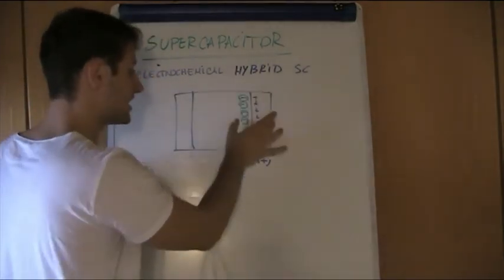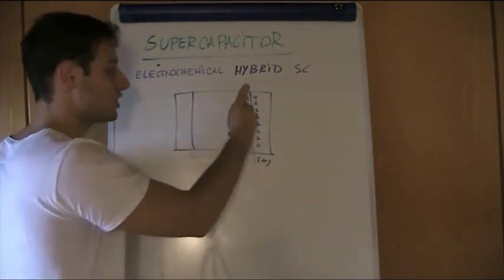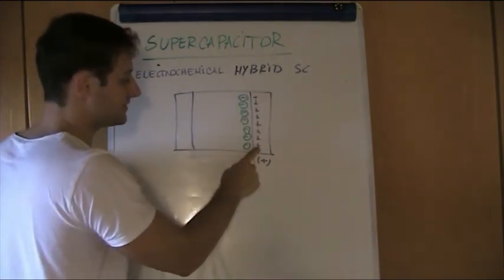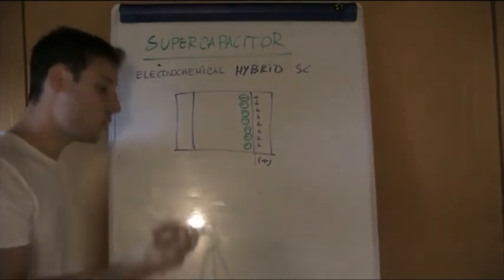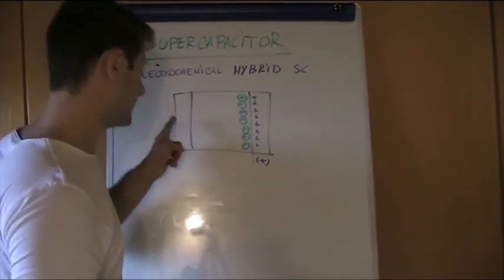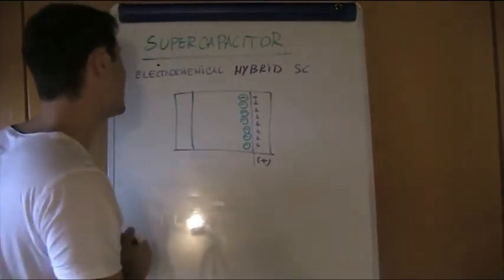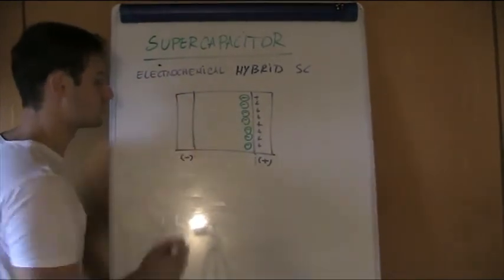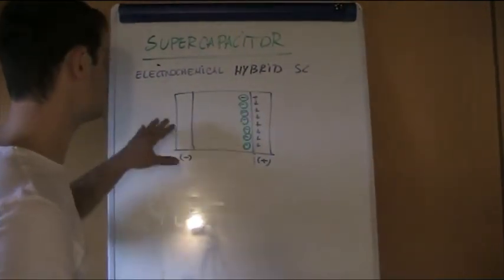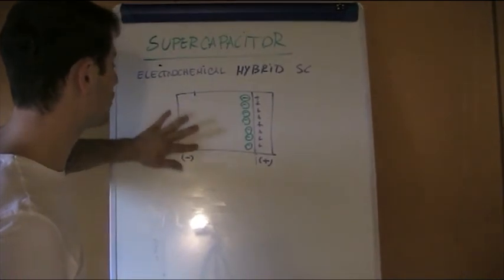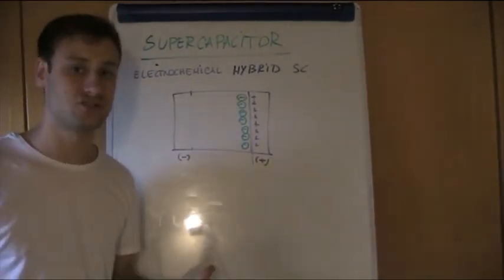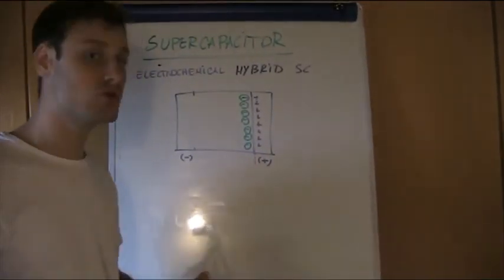So also in this case, again, we are storing energy due to an electric field created between this charge and this one. What is different is the negative, or in general the other type of electrode, in this case the negative, because in this way we are basically storing energy as in a battery, faradically, due to reactions.